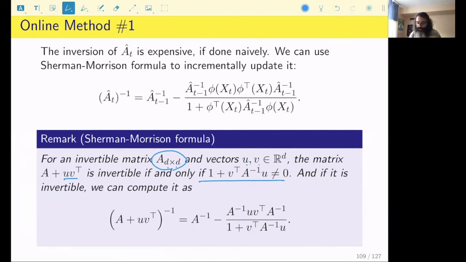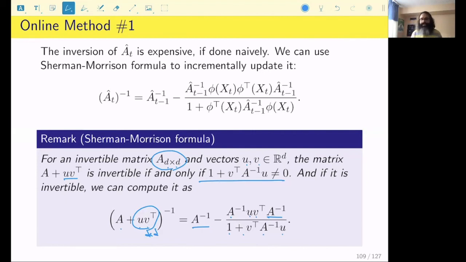And if it is invertible, then we can compute the inverse of A plus u v transpose, noticing that u v transpose is a rank 1 d by d matrix, so we are adding a d by d matrix to A. The inverse can be written as the inverse of A minus A inverse u v transpose A inverse, divided by 1 plus v transpose A inverse u.